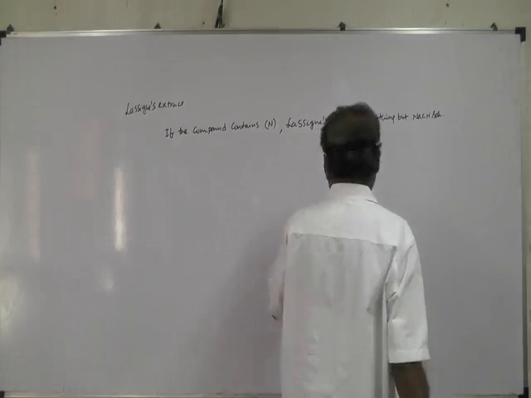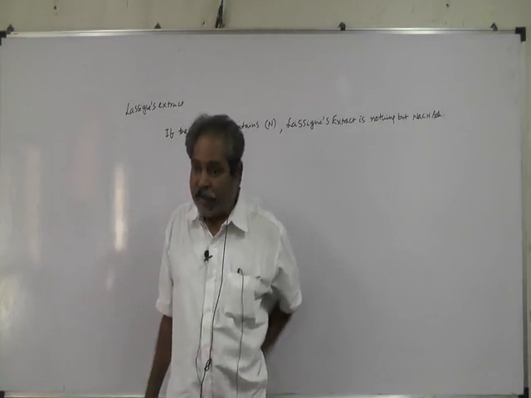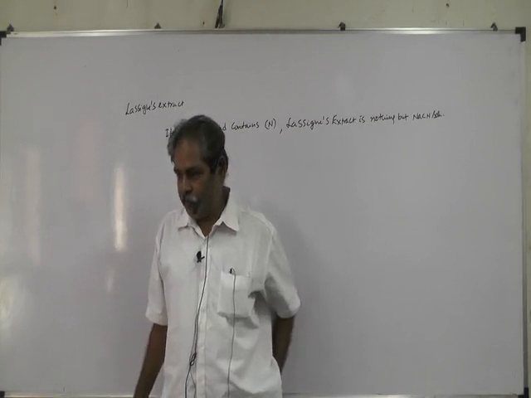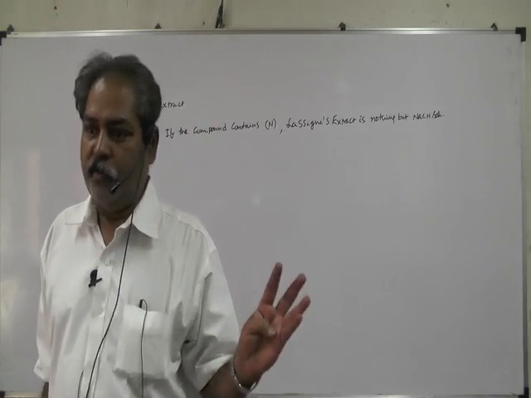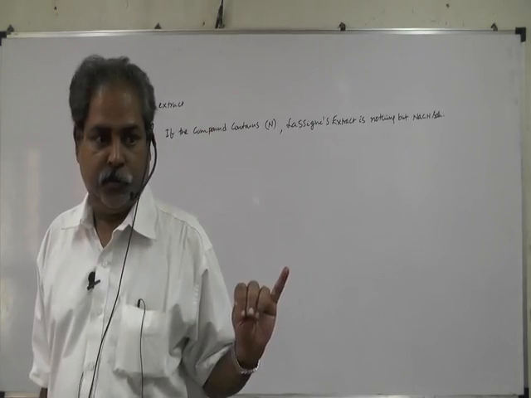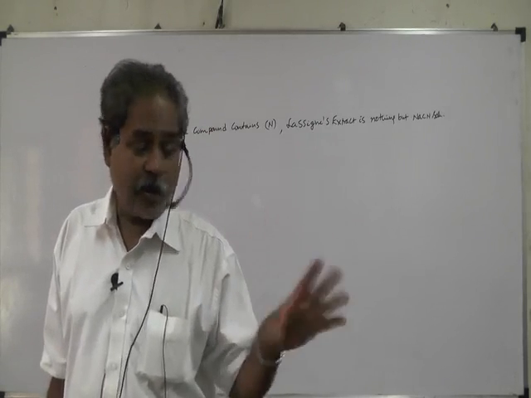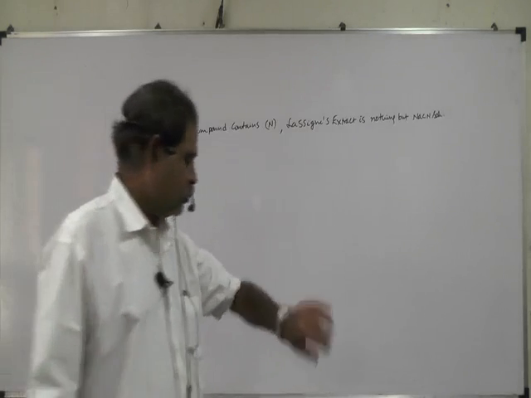And you should know all compounds of all alkali metals are soluble except sodium bicarbonate. Repeat. All compounds of all alkali metals are soluble except sodium bicarbonate. Sodium bicarbonate can be obtained in solid state.